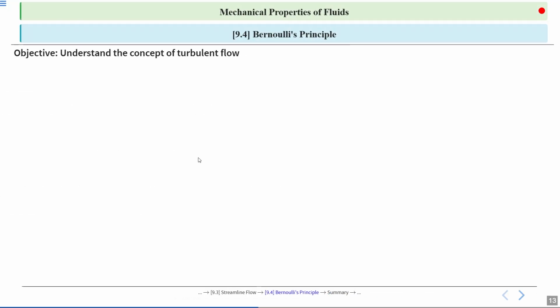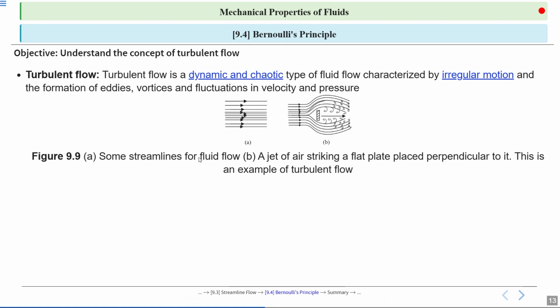Now we will understand turbulent flow. All right. So now let's look at what turbulent flow actually means. Turbulent flow is when a fluid moves in a very dynamic and unpredictable way with lots of swirling motions called eddies and vortices. So look at the figure. It shows how the streamlines are irregular and the jet of air creates a chaotic pattern when it hits the plate.